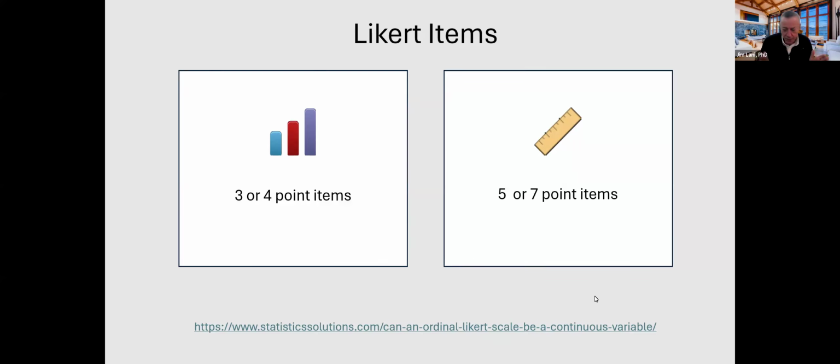If the one satisfaction item is a 5 or 7 point scale, you can treat it as continuous or scale. The other part is, once you have several items, let's just say I have several 4 point questions around satisfaction, it doesn't matter that it's ordinal or whatever it is.